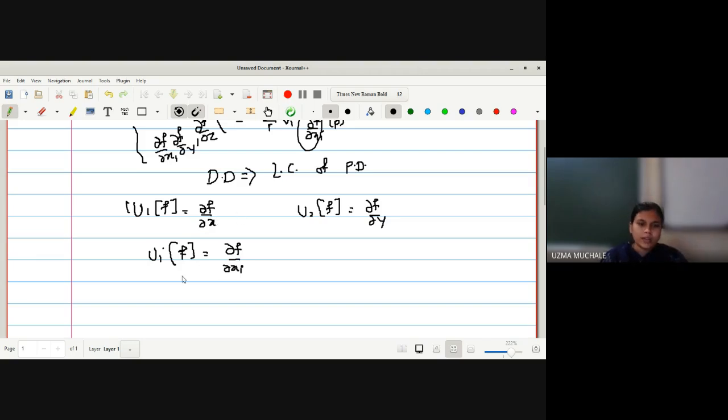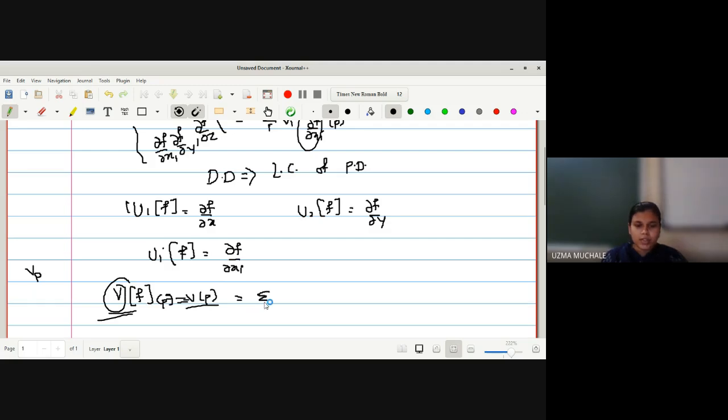We have even seen what a vector field is, and the directional derivative on a vector field is now reduced to a pointwise application, which is equal to V_p[f]. This tangent vector is different from that one. This is simply any tangent vector, but this tangent vector is related to the defined vector field.